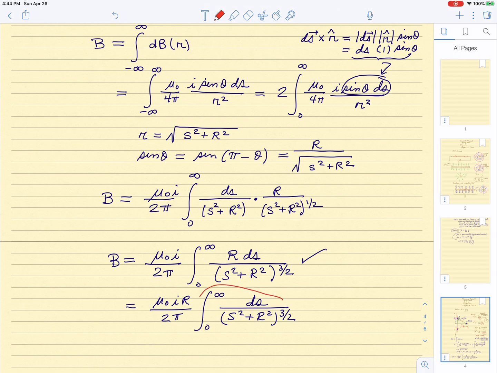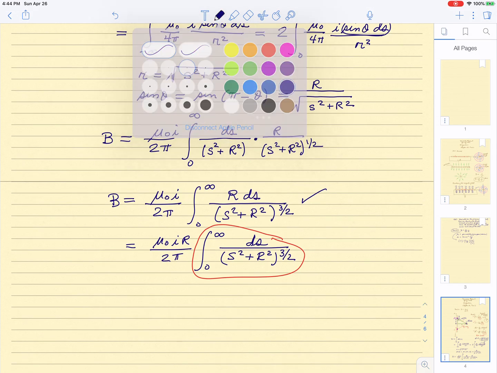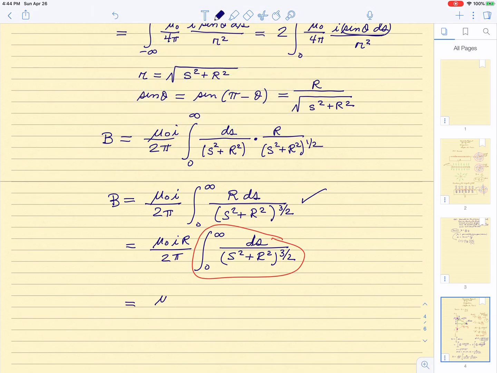It's actually in an appendix in your textbook. But this integral then is going to be equal to the following. It's going to be 2 pi, s over r squared, s squared plus r squared to the 1/2 power, and that'll go from 0 to infinity.